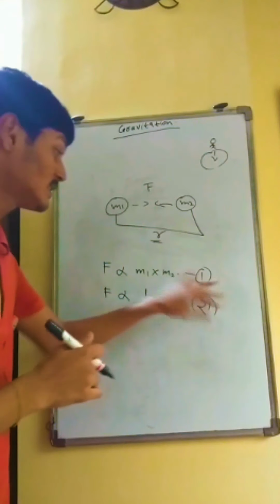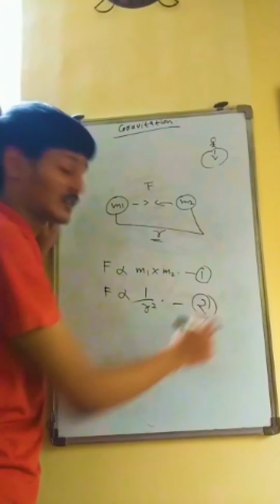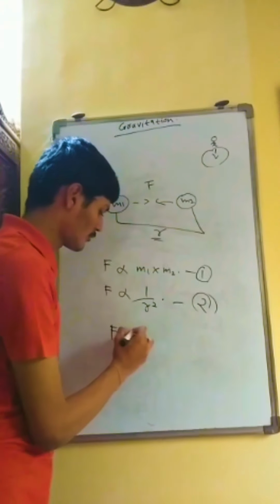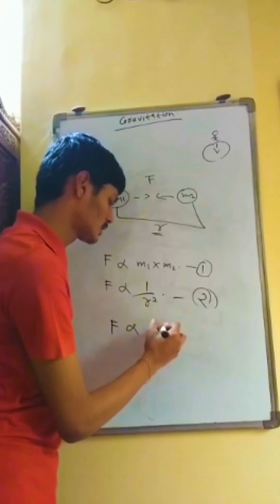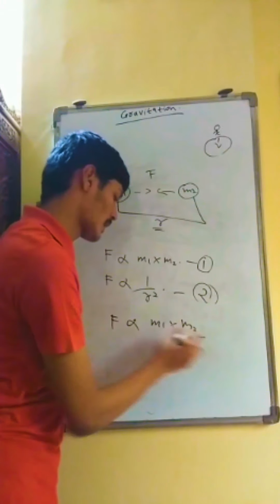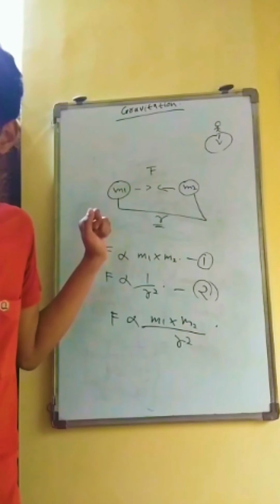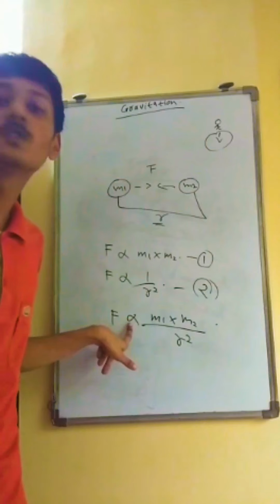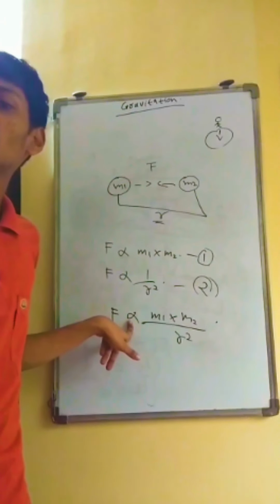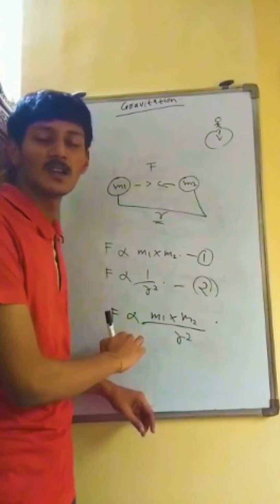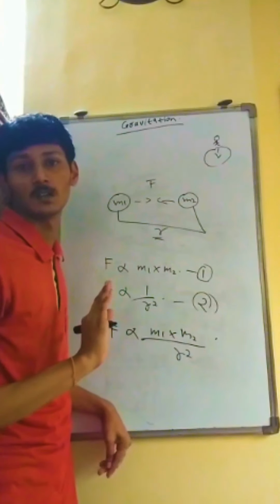So combining equations 1 and 2, what do we get? Force is proportional to the product of the masses of the two bodies upon the square of the distance separating them. However, when calculating, we cannot use the proportionality symbol. So here we have to replace the proportionality symbol with a proportionality constant.